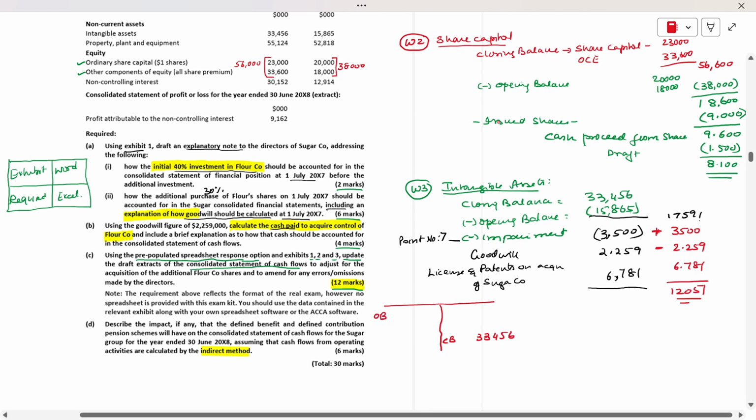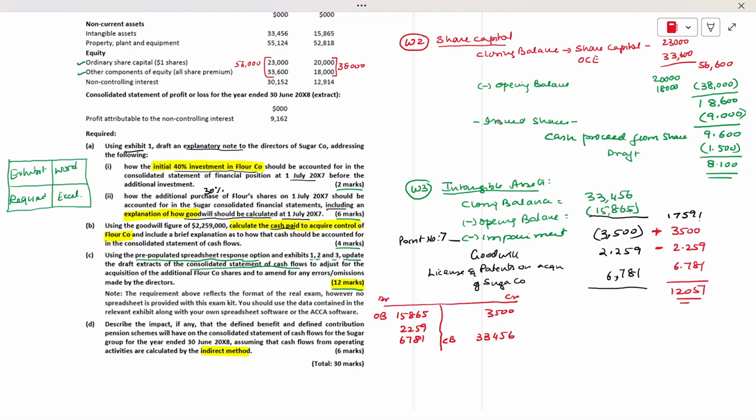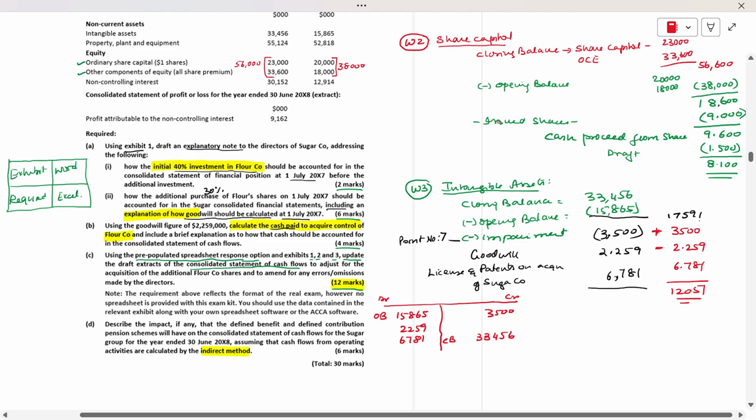Opening balance is how much? 15,865. Impairment is how much? 3500. Impairment will reduce the asset. Goodwill is how much? 2259. On purchase, how much you got? 6781.